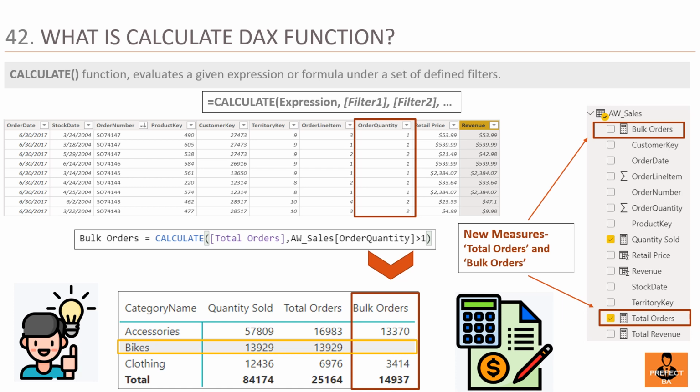In the example above, analyst wants to pull bulk orders from the sales table wherein the order quantity is more than 1 on the basis of measure total orders that has already been defined. The insight that could be derived from the last table is that there are no bulk orders for bikes categories, and this makes sense as well because no one purchases multiple bikes at one go.